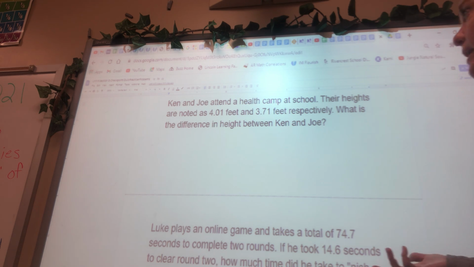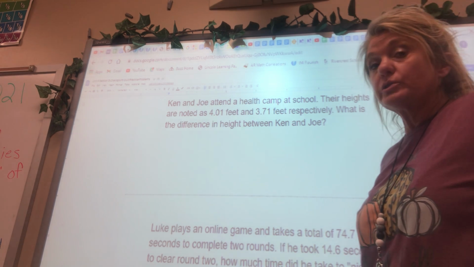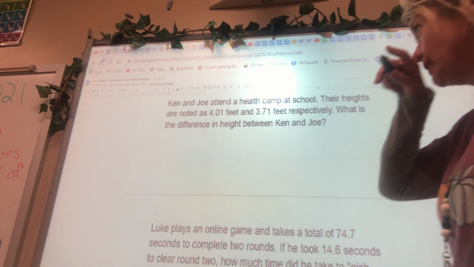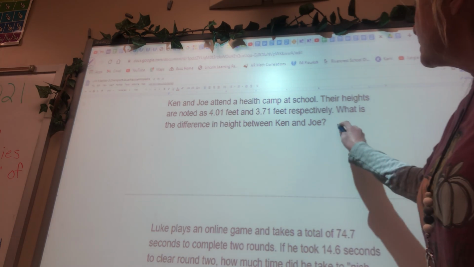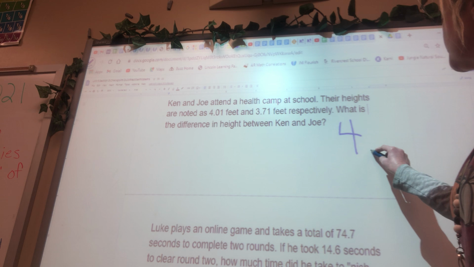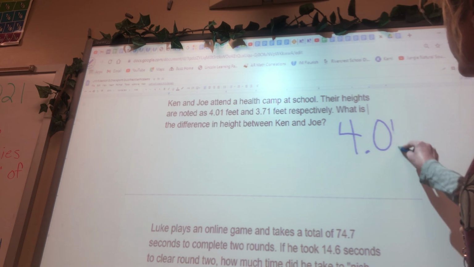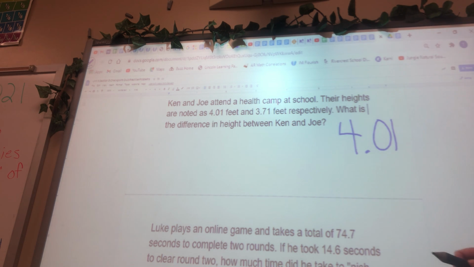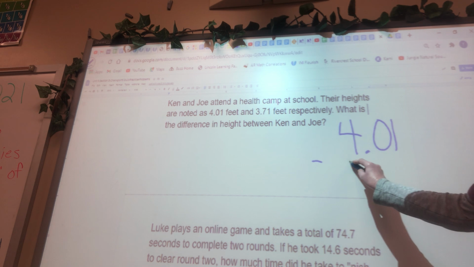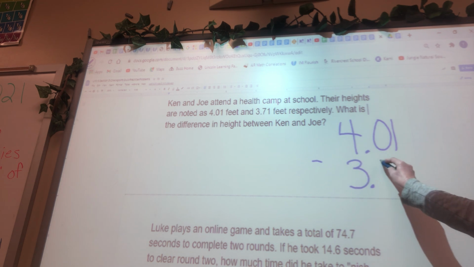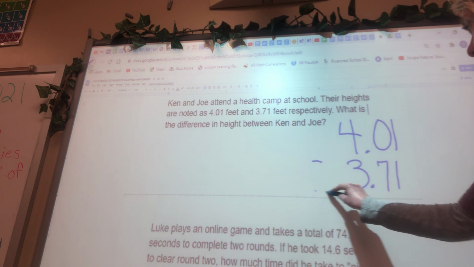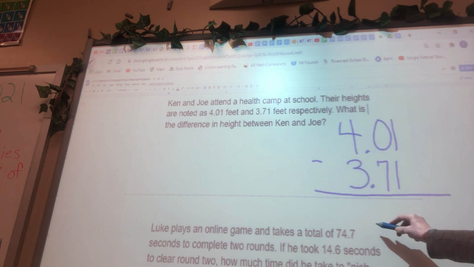Well, we know that the word difference is the answer to a subtraction problem, so we know that we're subtracting here. So we would have 4 1/100 feet minus 3 7/100 feet. We would line that decimal up.